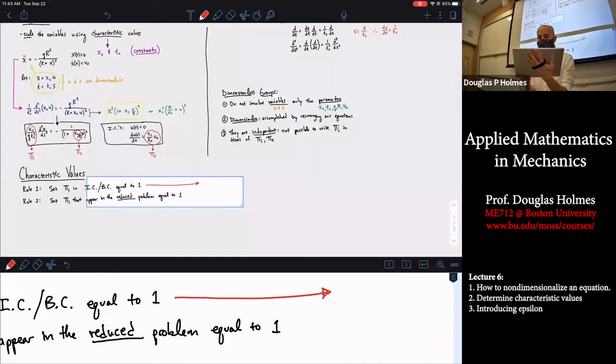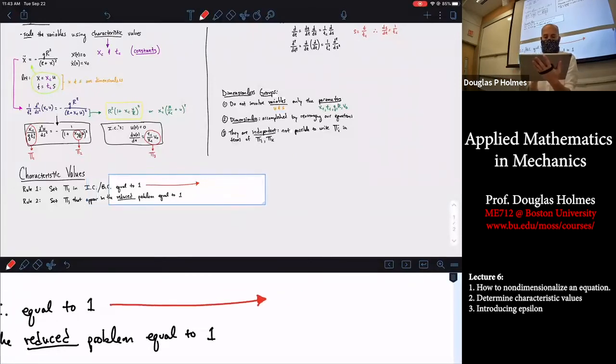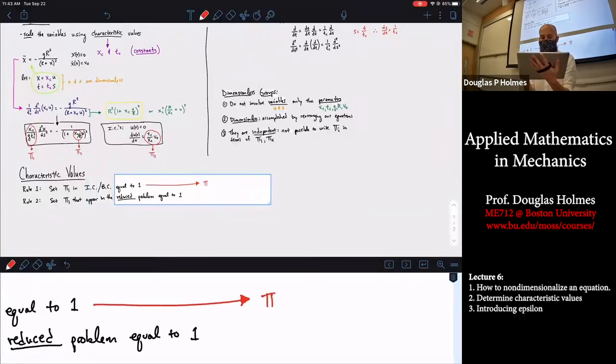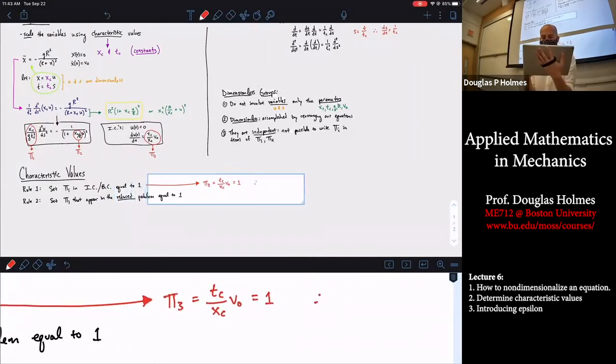This first one's pretty straightforward. It says take the pi that appears in the initial boundary conditions and set it equal to 1. Well, pi 3 appears in the initial boundary conditions. Pi 3 equals TC over XC times V naught, set equal to 1. And then we can choose to solve for one of these variables.